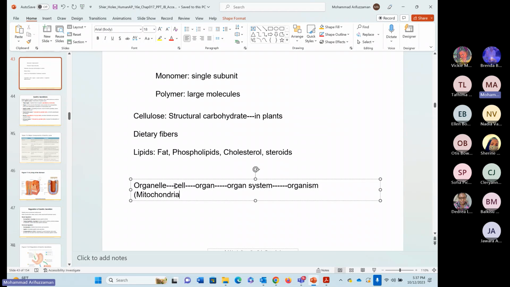Now, if you can see, the example of a cell is the neuron. The neuron is a nerve cell, also called the nerve cell. And then, I think organ is missing here.